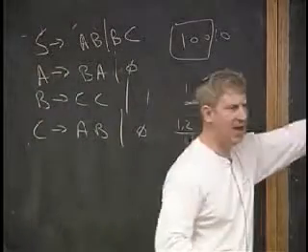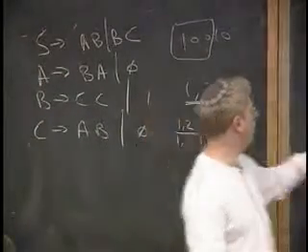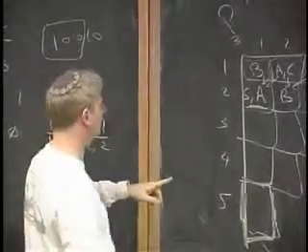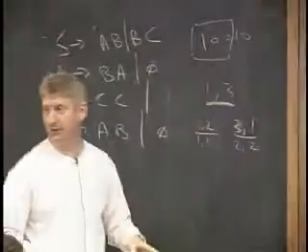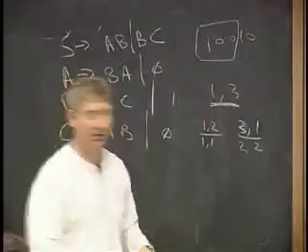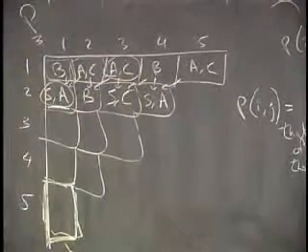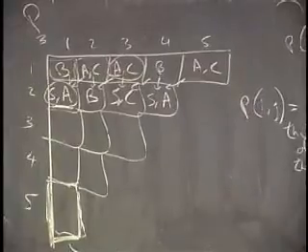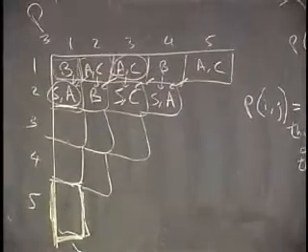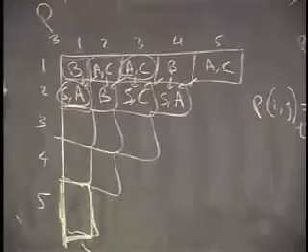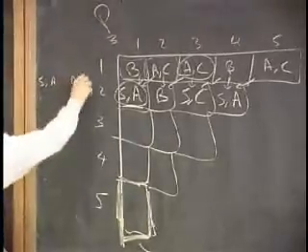1, 2 gives us SA. 3, 1 gives us... What? We didn't do 3, 1 yet, huh? Oh, yes, we did. That's lucky. Getting panicky. 1, 2 is SA. 3, 1 is AC.